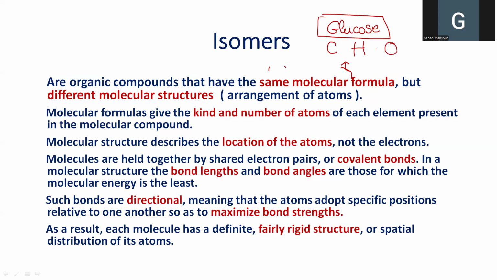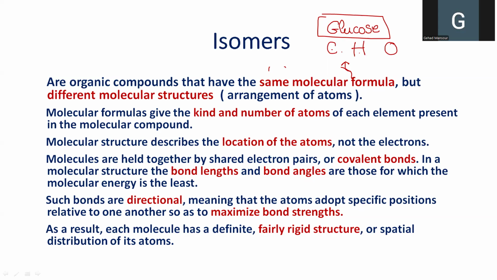But not only does the molecular formula show me the types of atoms that entered in the formation of that compound, of course, because we have different elements, but also the number of atoms of each element.